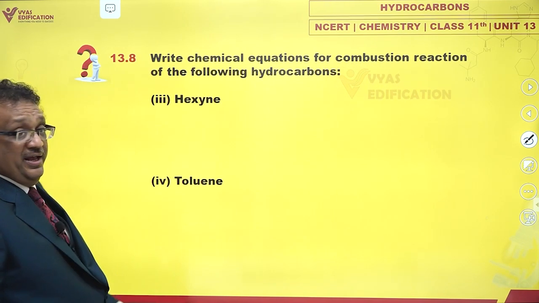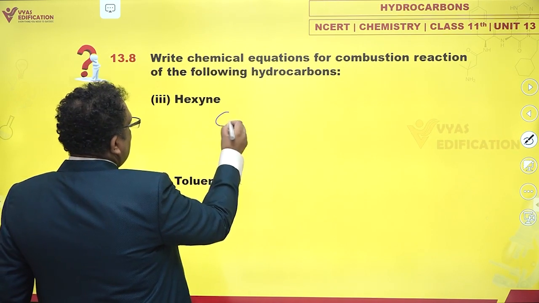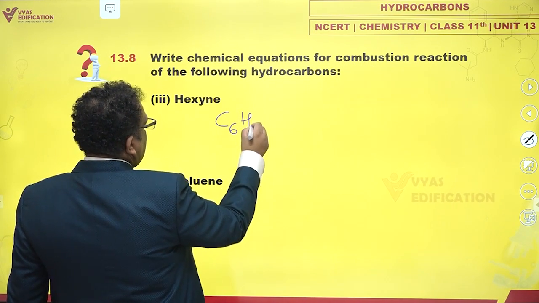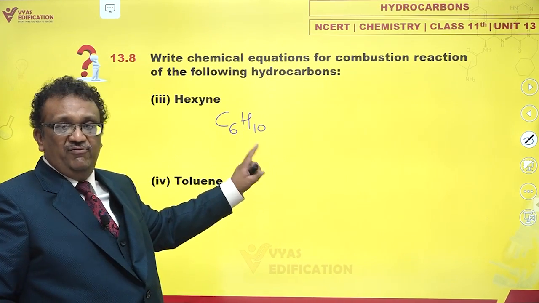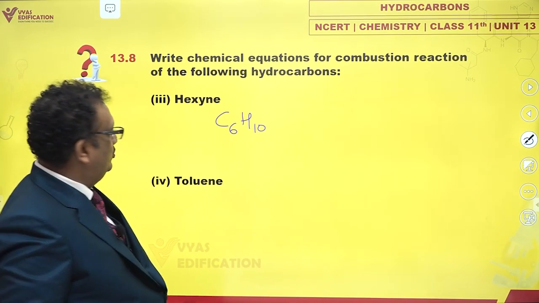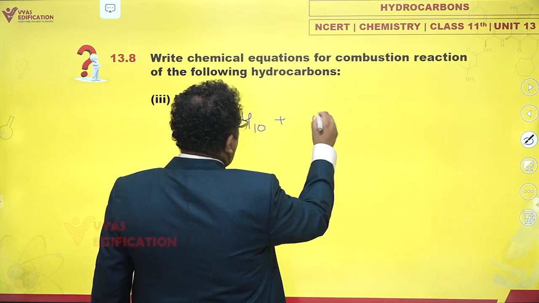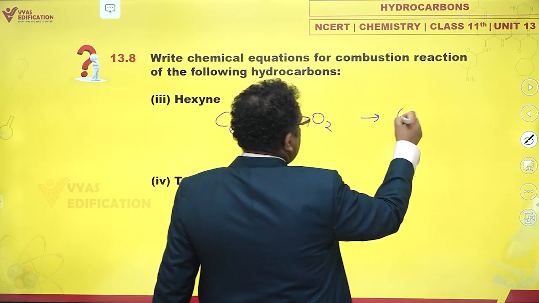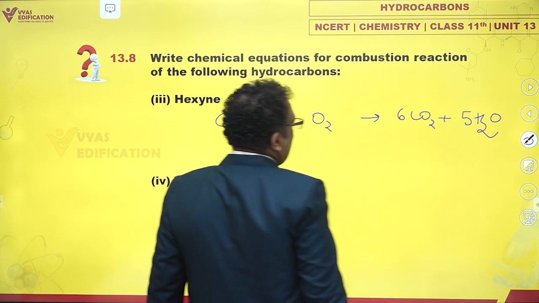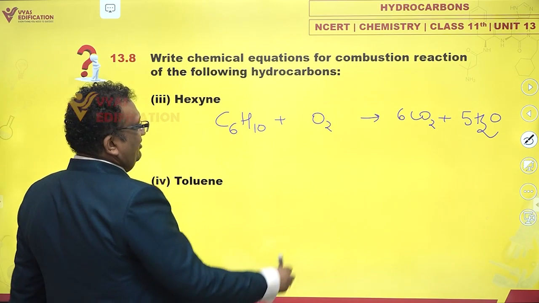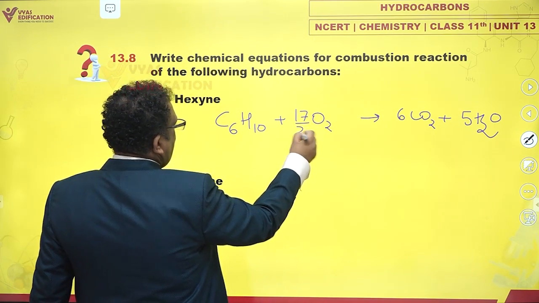And equations, hexane. Hexane is CnH2n+2, C6H14. Let's burn it. You get 6 CO2. Funny enough, you always are getting H2O. 12 plus 7 is 19 by 2 O2.